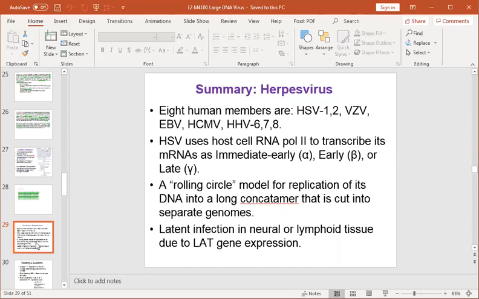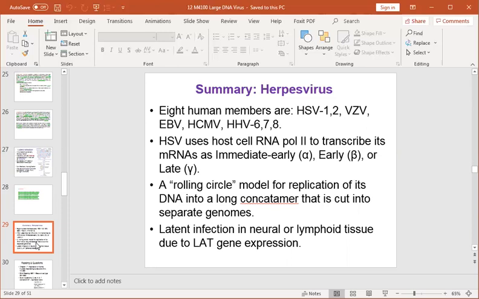A rolling circle model is used for replication of HSV DNA into a long concatemer, which will later be cut into separate genomes, so smaller fractions.